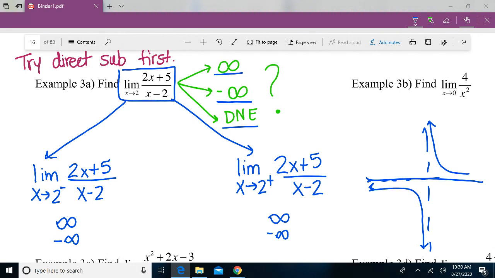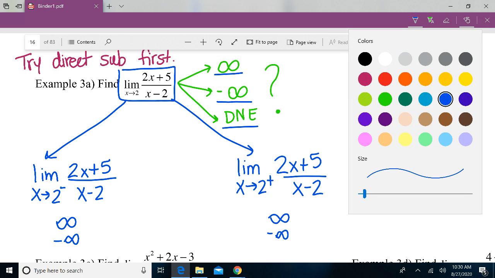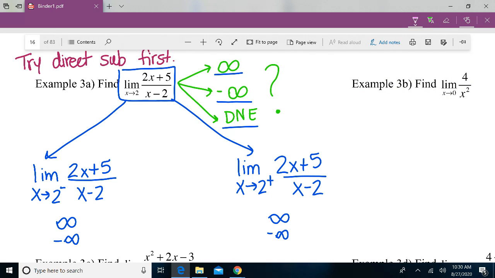Okay, so I have to check whether or not the left side approaches positive infinity or negative infinity. And I only really have to worry about the sign. So I'm going to think about numbers that are on the left side of 2, but also really, really close to 2, like 1.999.